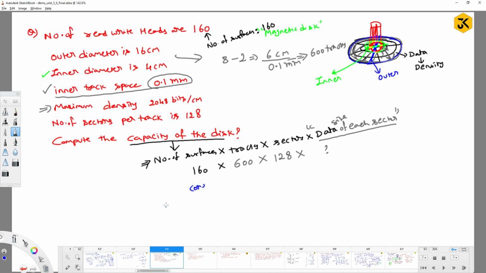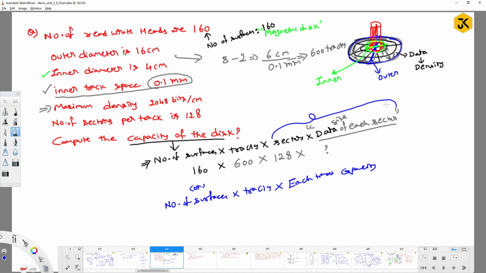If I try to write the formula in such a way that number of surfaces into number of tracks, can you find each track capacity? Each track capacity is equal to the number of sectors into data of each sector, right?